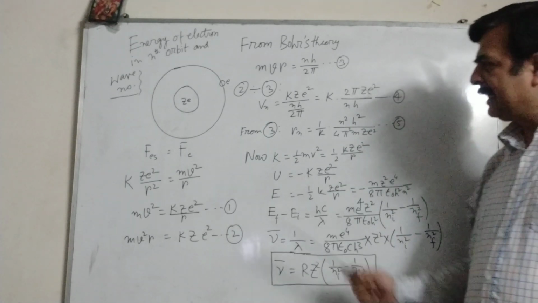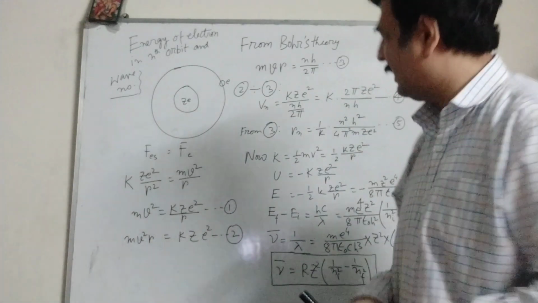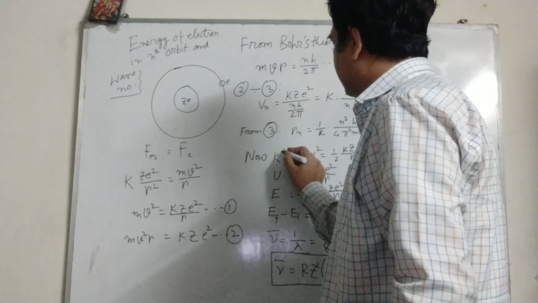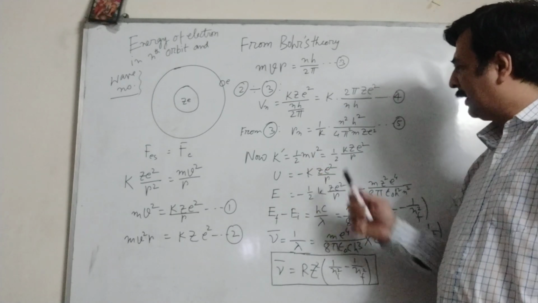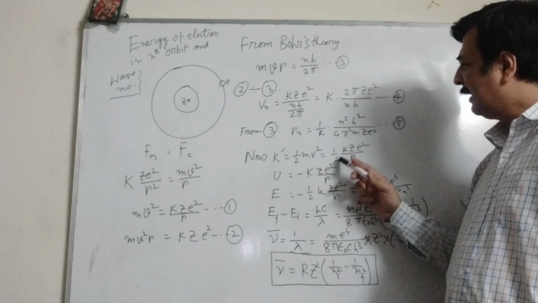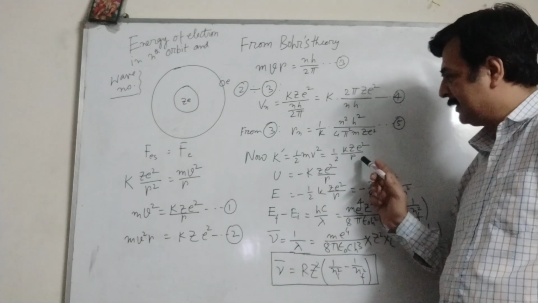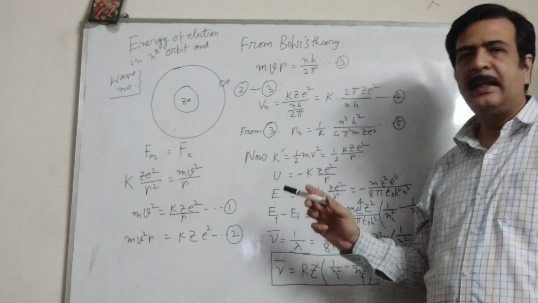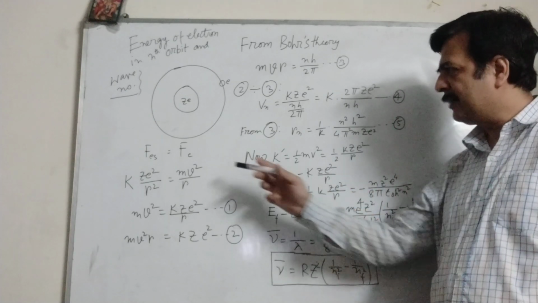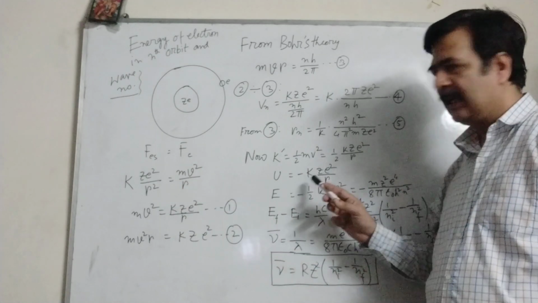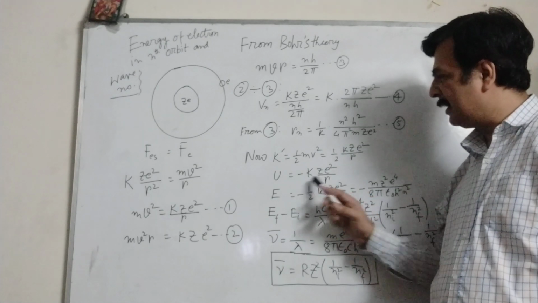Now k dash, the kinetic energy, is equal to half mv squared, which is half kZe squared by r. That is the kinetic energy of the electron. And the potential energy of the electron is minus kZe squared by r. Just like force, only in the case of force it is r squared, and in the case of potential energy it is divided by r, with a negative sign.